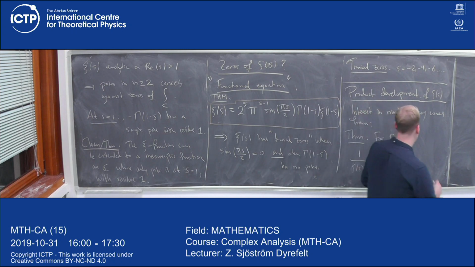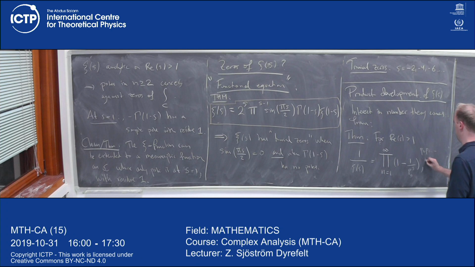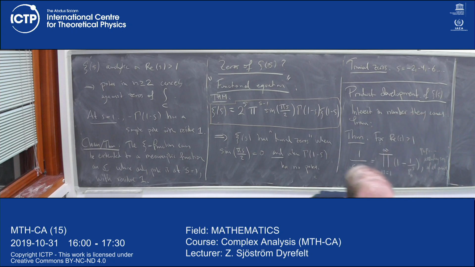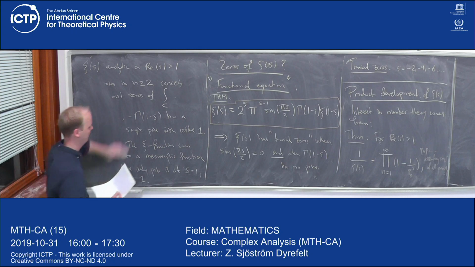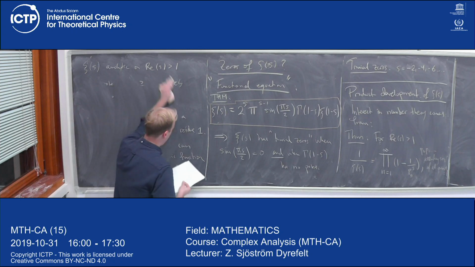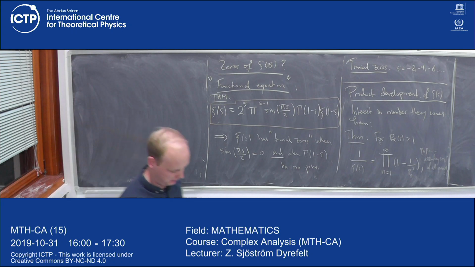So p_1, p_2, and so on are an ascending sequence of primes. In this lecture I assume that there are infinitely many primes, which is true, and which we have known for a very long time as humanity. So you have this product.